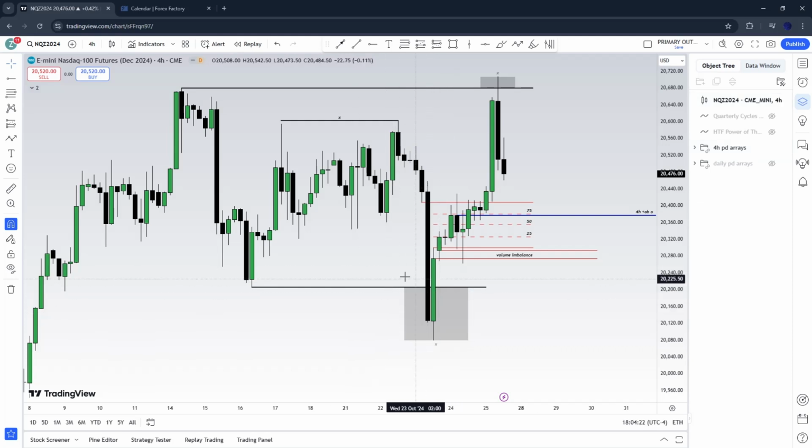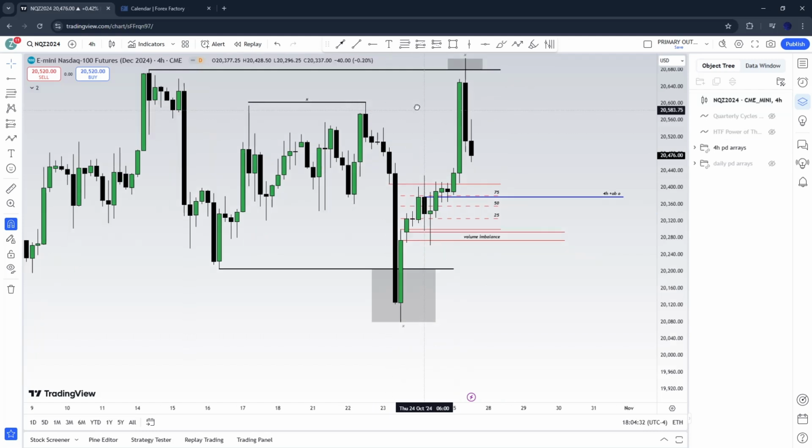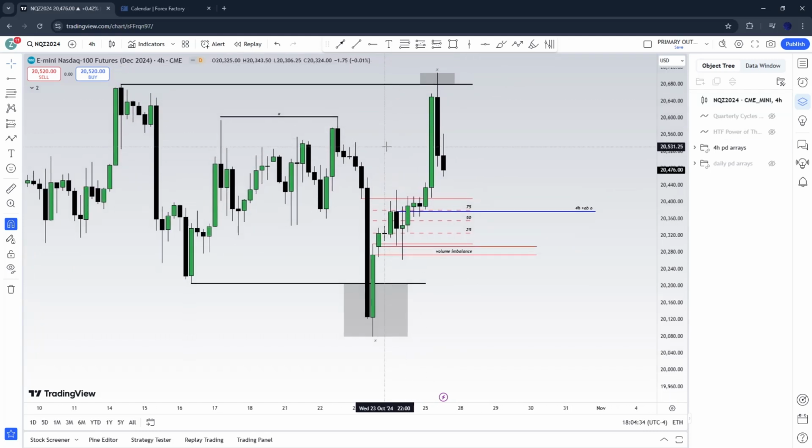We've got this run on stops below here, and more importantly, we're closing above this high in here, which is very important if we're paying attention to the narrative that price is displaying for us.